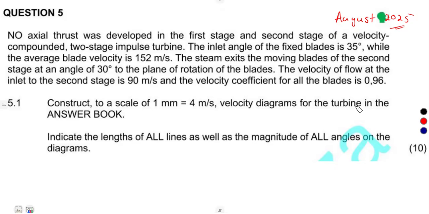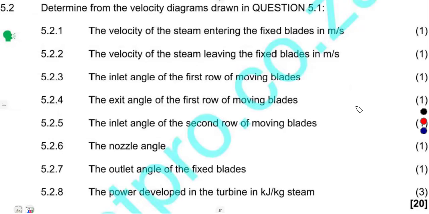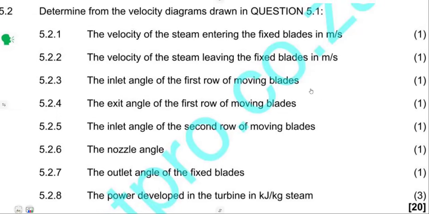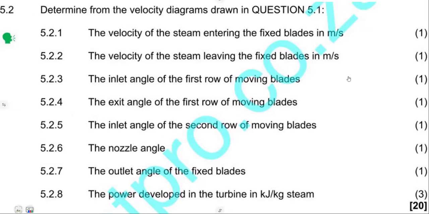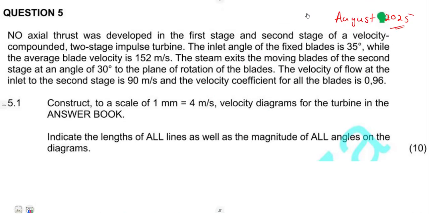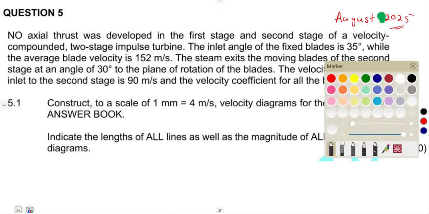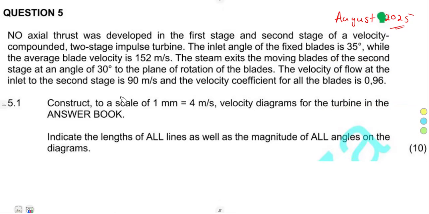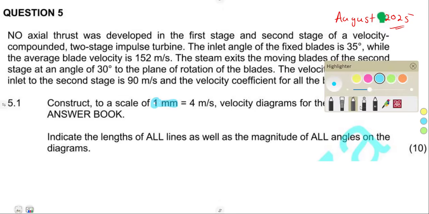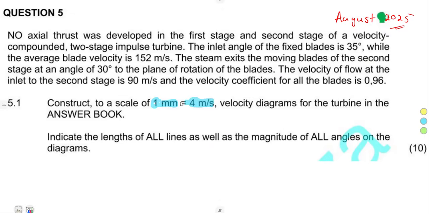We had another part of our question here, which is to determine from the velocity diagrams drawn in question 5.1. So let us consider 5.1 first: to construct to a given scale. Our scale here is 1 millimeter is equivalent to 4 meters per second.